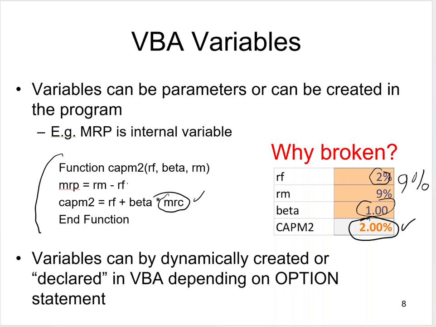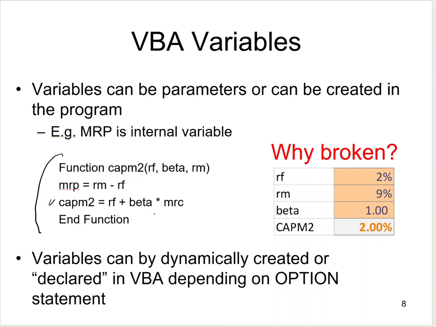So even though you've created a variable called MRP and put RM minus RF, which is 7%, when you made the calculation for CAPM2, you took the 2% risk-free rate plus beta of 1 times 0. So you got an answer of 2, which is obviously wrong. And what's scary about it is you don't get an error message because the program worked. It just assumed you knew what you're doing.